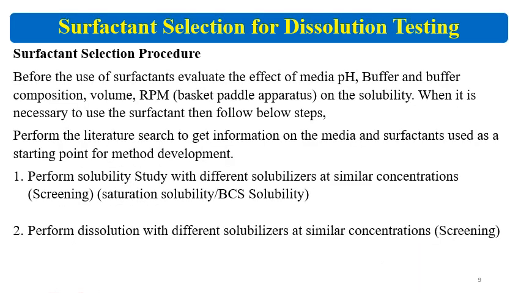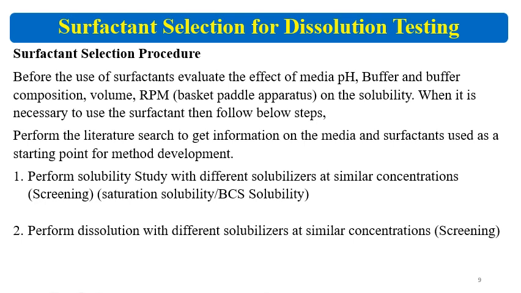Now we will see how the surfactants are selected and what the surfactant selection procedure is. Generally, before the use of surfactants, parameters like the effect of media pH, effect of buffer composition, and effect of volume and apparatus RPM can be studied.